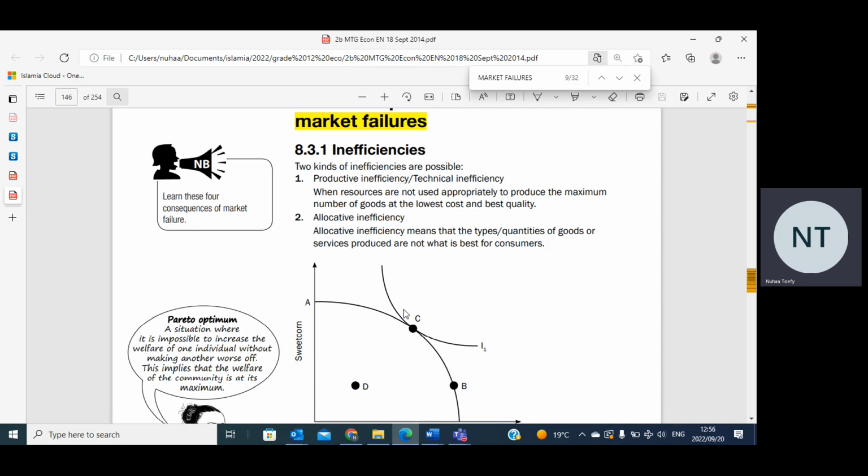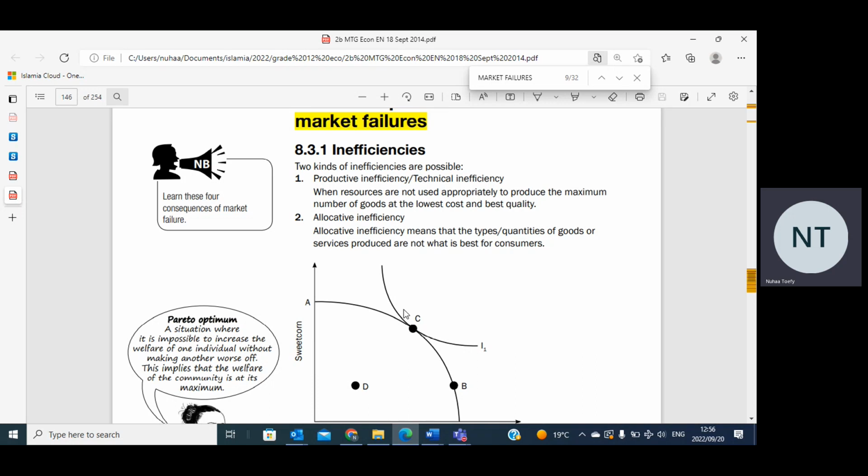Market failures occur when the forces of demand and supply within the market fail to distribute enough resources or goods and services in the correct way, right? And we basically looked at two types of inefficiencies that cause market failures.